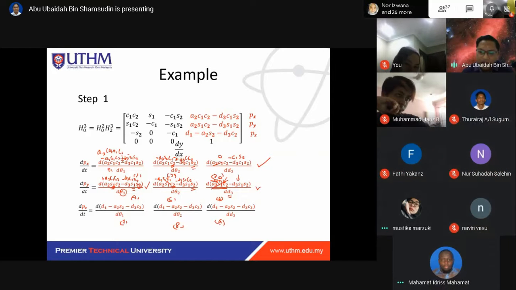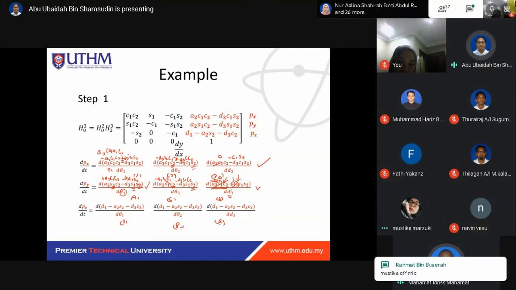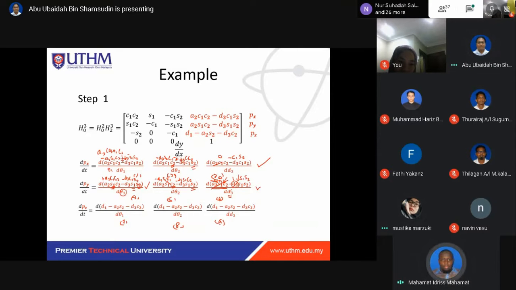This part here. Do we have any D3? No. How about this one? Yeah. We have sine 1. Okay. So if we differentiate this one, this one will become 1. So we will get sine 1, sine 2. So it will become negative sine 1 sine 2. We don't differentiate this one because we just differentiate with D3.